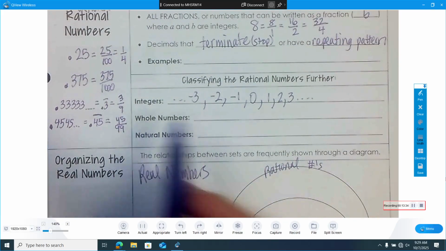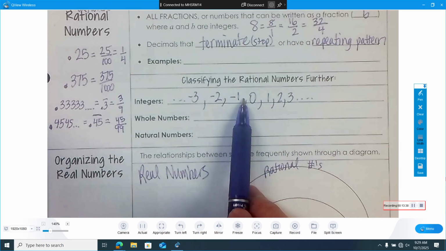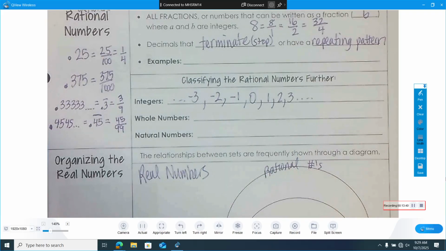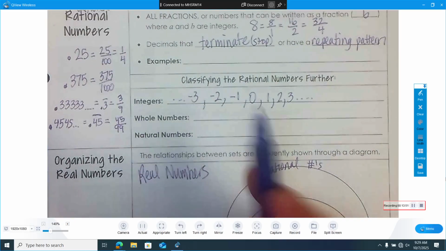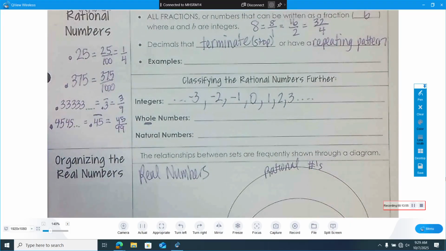So integers are the positive and negative numbers. Whole numbers is a little smaller than this set. The integers do not include any numbers in between, okay? Just the nice, pretty, beautiful integers, just the nice values. Whole numbers, I like to think about this word whole right here. It gives you the answer.